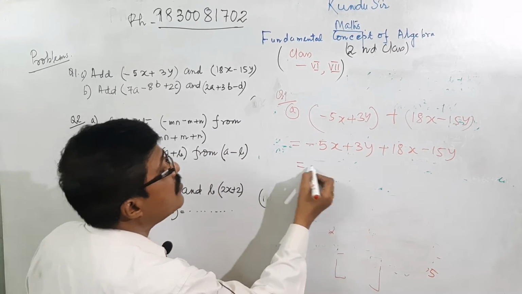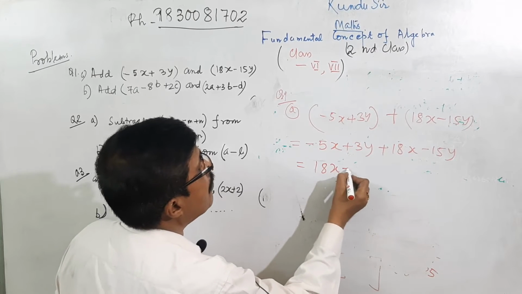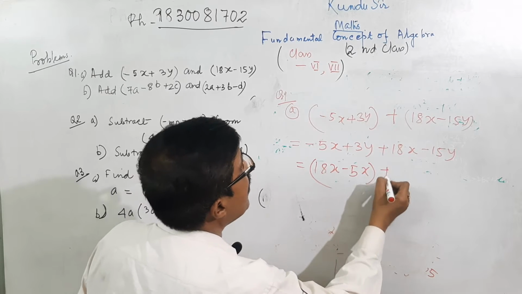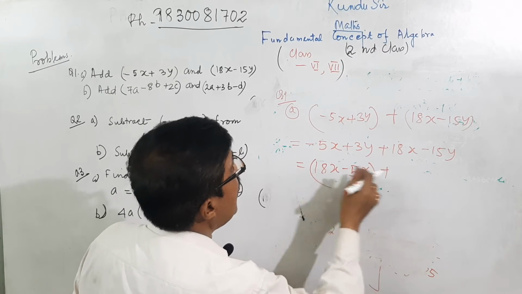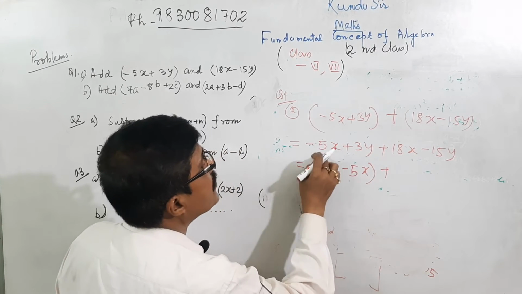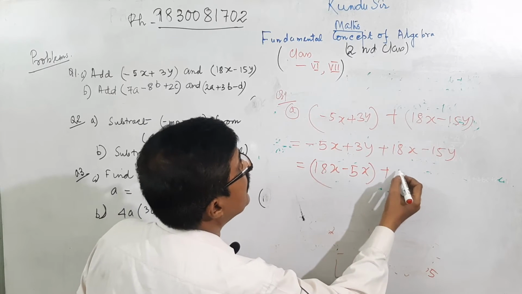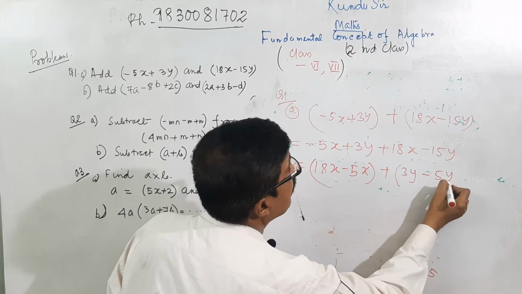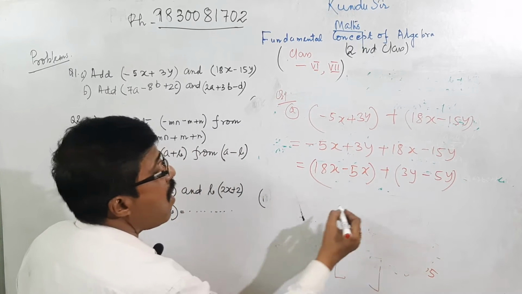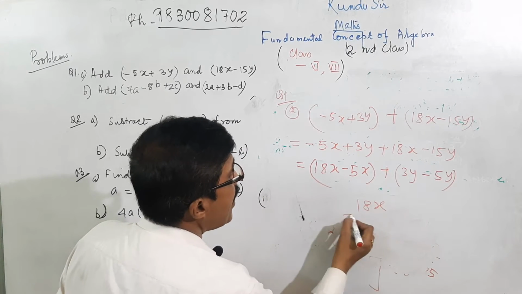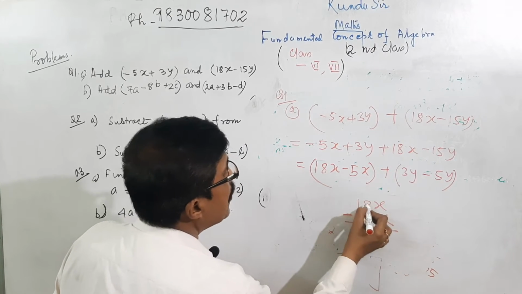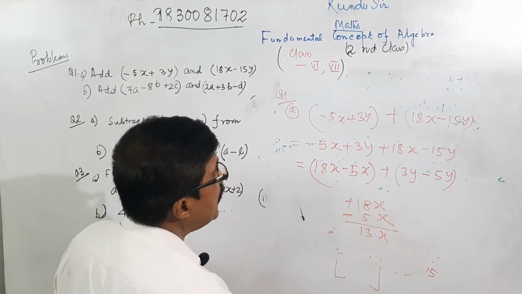Now I am arranging 18x minus 5x, then 3y minus 15y. So 18x minus 5x equals 13x, because 18 is positive here.